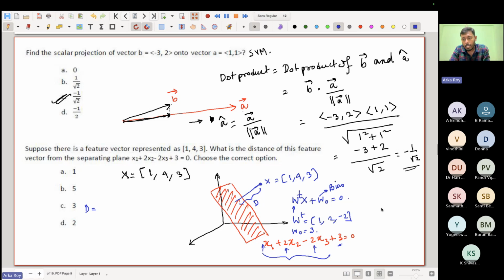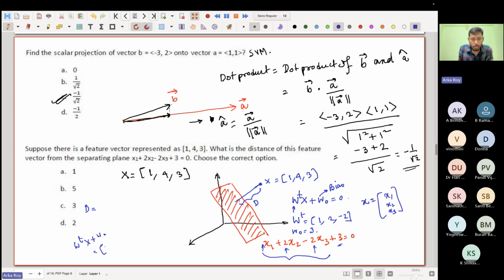And I can write these features as well. As you can see, you have three-dimensional features, so X is basically X1, X2, and X3. Now you do this particular operation, just for illustration: W transpose X plus W naught.